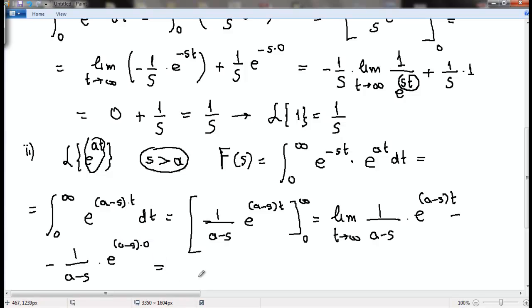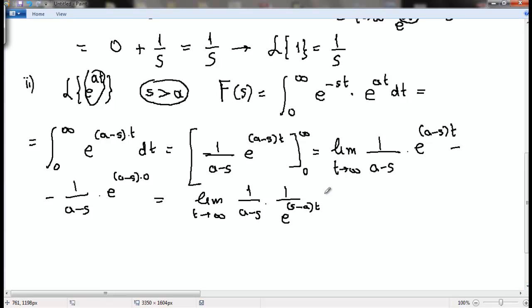So here I change the exponential function into 1 over e to the power s minus a times t when t tends to infinity, minus 1 over a minus s times 1.